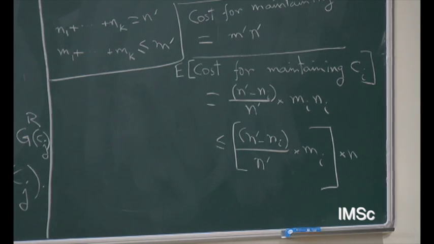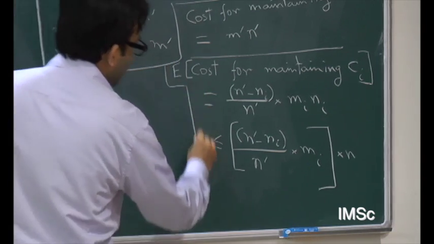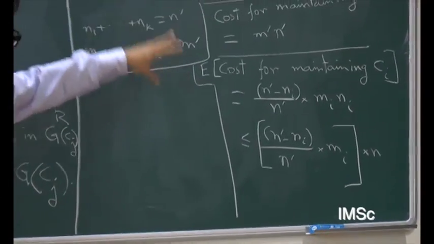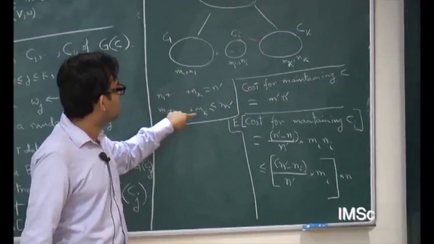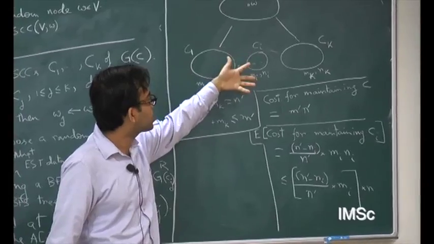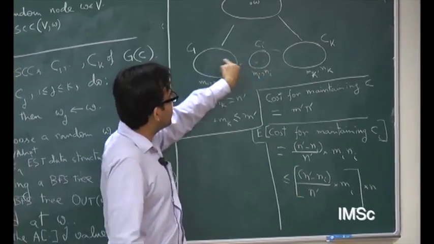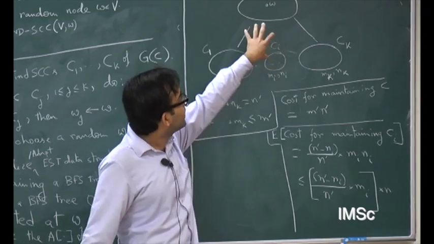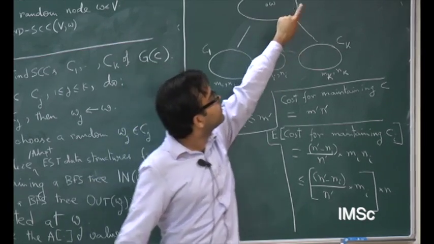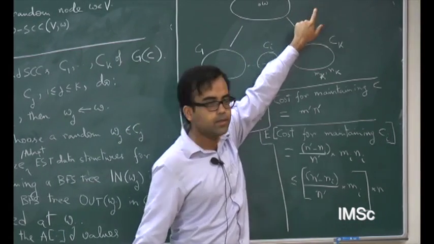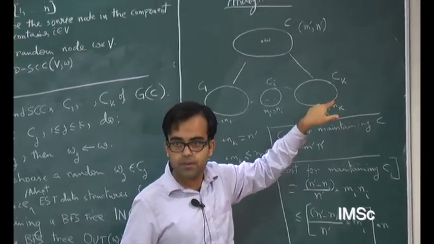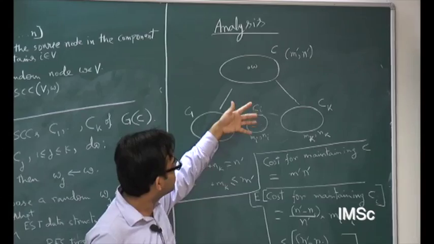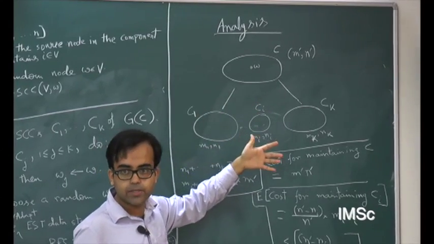Now, you can do two things. One is you can write a recursion. So, you got an upper bound on the total cost for maintaining this C1 to Ck. And you can write a recursion, I mean a function that depends on this m prime n prime in terms of these functions. Okay. But it is going to be slightly counterintuitive. So, it is probably better to look at what is happening inside this recursion.